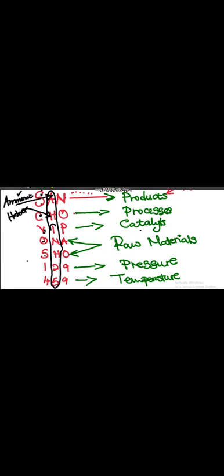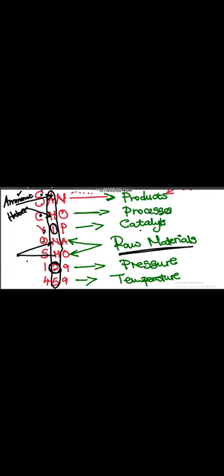And iron is used as the catalyst. Nitrogen and hydrogen are the raw materials. The pressure is 200 atmospheric pressure. And the temperature is the same, 450 to 500 degrees Celsius.